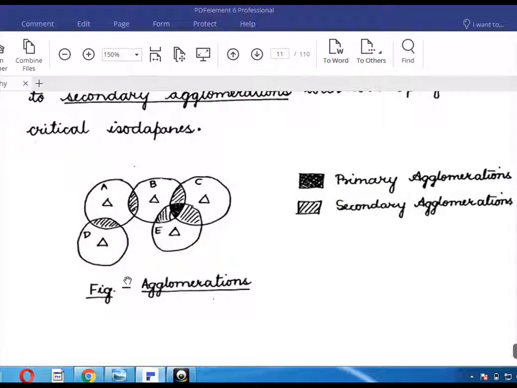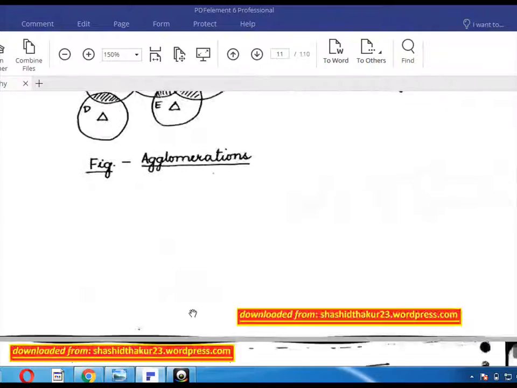So here you can see the agglomerations. Here it is primary agglomeration, and here it is secondary agglomeration. So you can see it's A, B, C. Okay, so now we can see D and E. So it is now agglomeration.